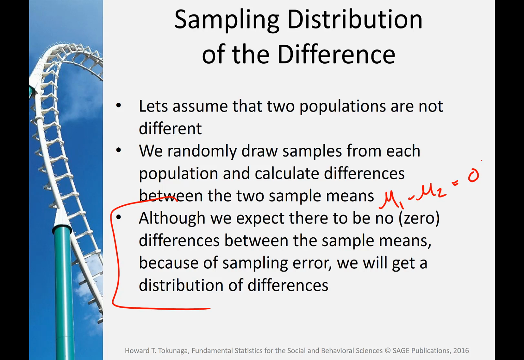We expect there to be no difference between the two groups. So mu1, whichever it is, and mu2, there should be no difference.